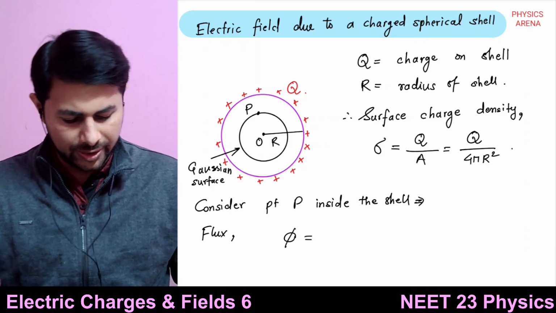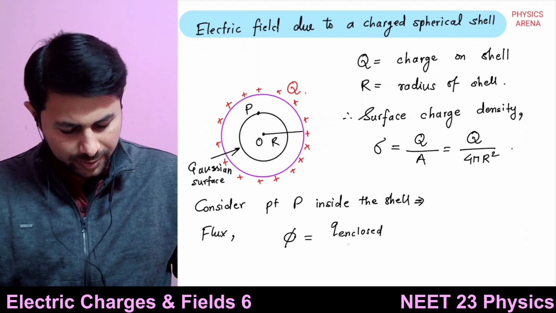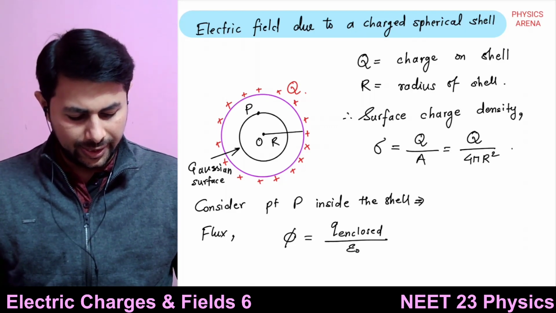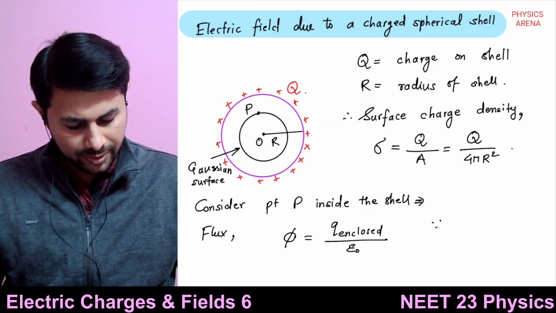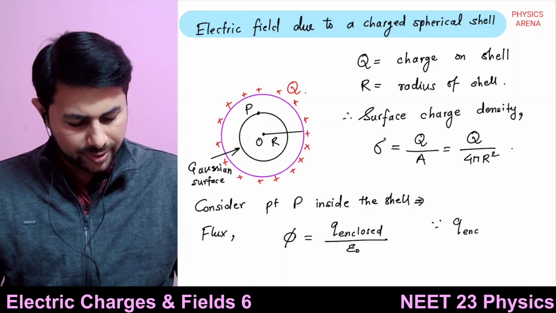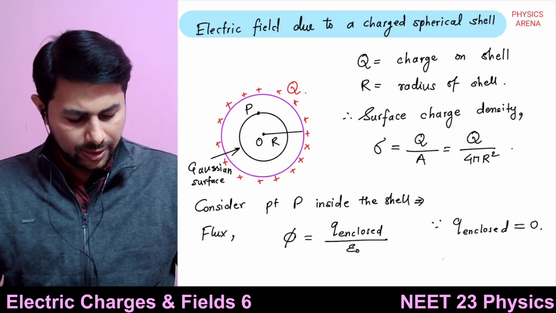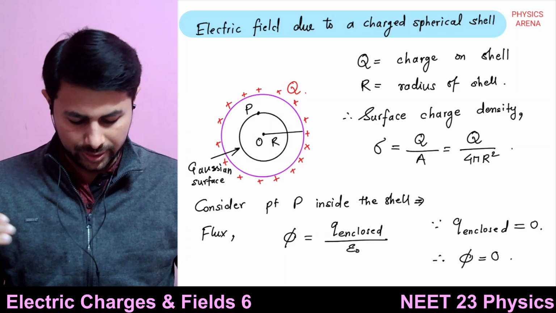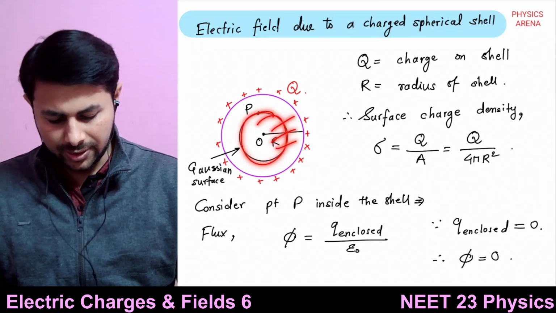Phi equals what? Charge enclosed divided by epsilon naught, right? And since charge enclosed is equal to 0, therefore I can say flux is 0. Okay, so flux through this Gaussian surface is 0.